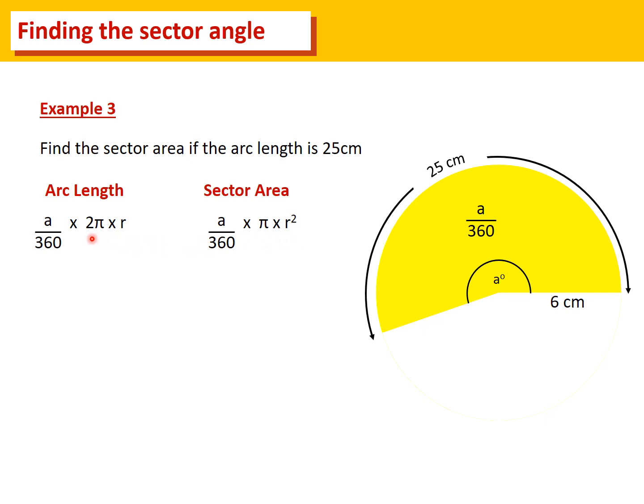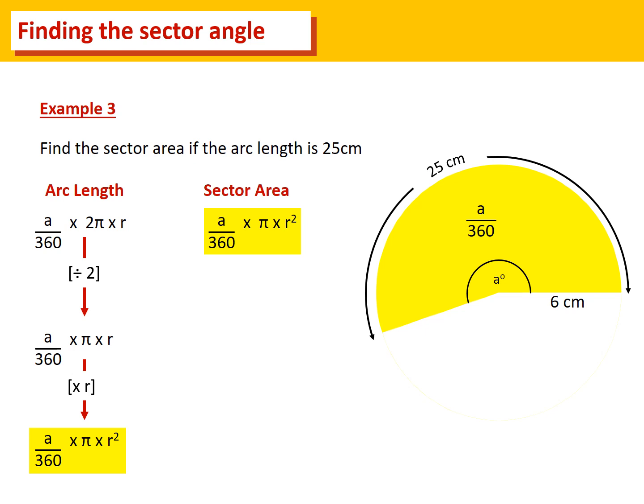If we could change 2 pi r into pi r squared, it'd be exactly the same formula. So in order to do that, the first step would be to divide by 2. So now the arc length formula would look like that. And to get from r to r squared, we'd multiply by r. And if we have a look now at the two formulae, they're exactly the same.